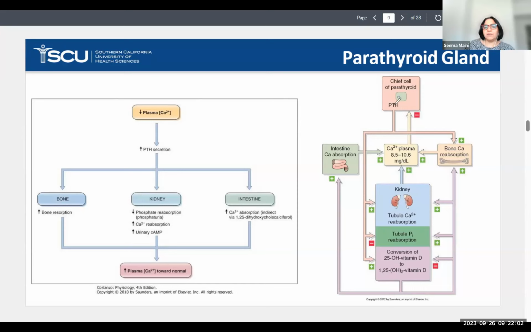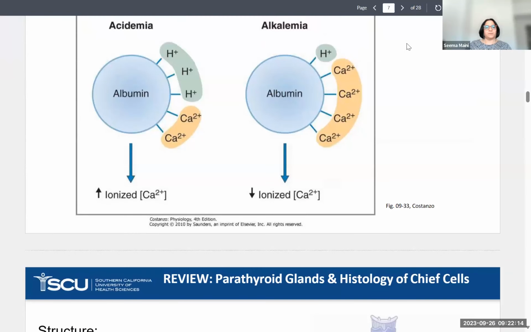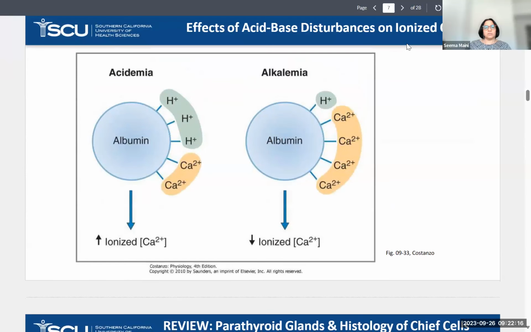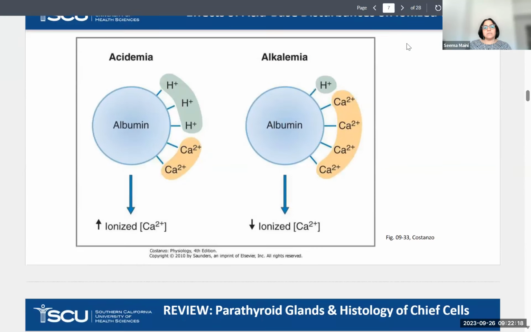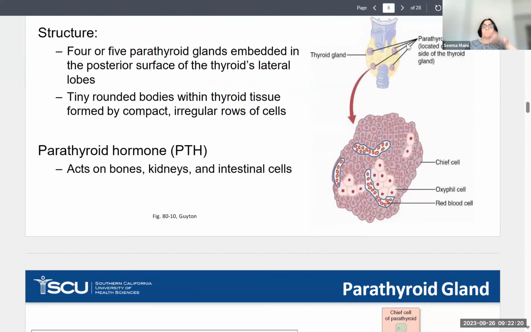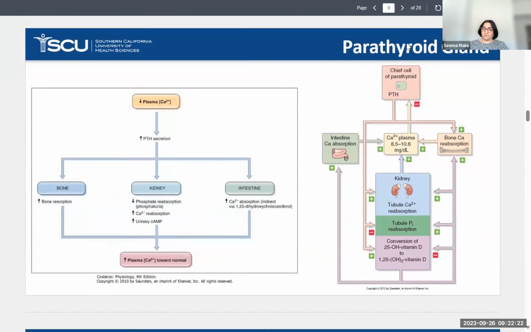So the stimulus to secrete parathyroid hormone from the chief cell is low calcium levels. Whenever you have more free calcium ions in the blood, as we saw in the case of acidosis, excess calcium ion is going to depress the parathyroid gland.